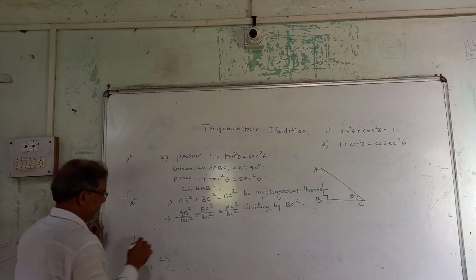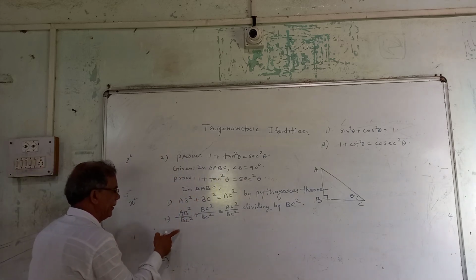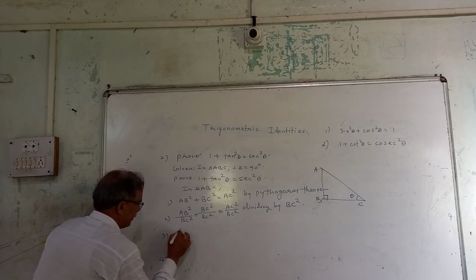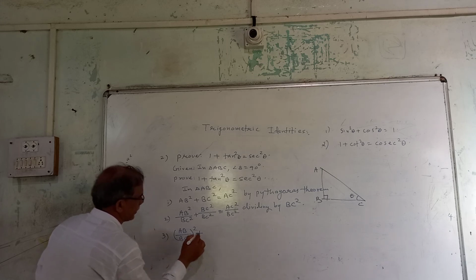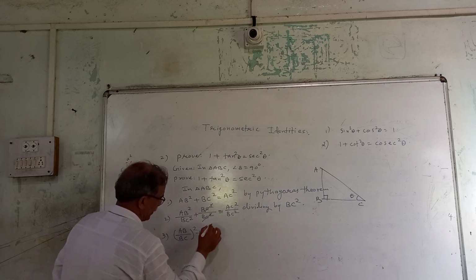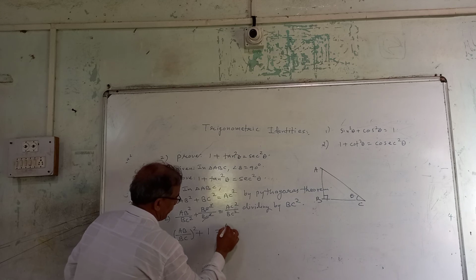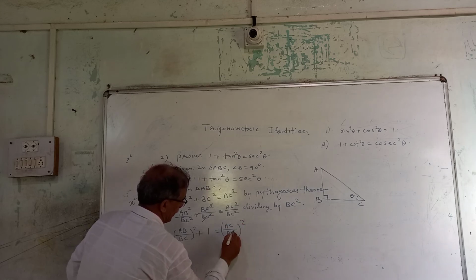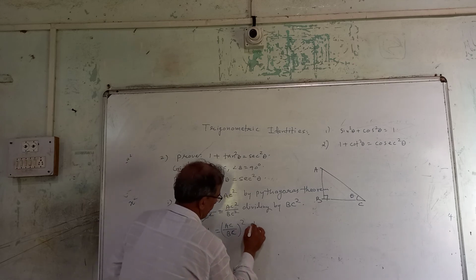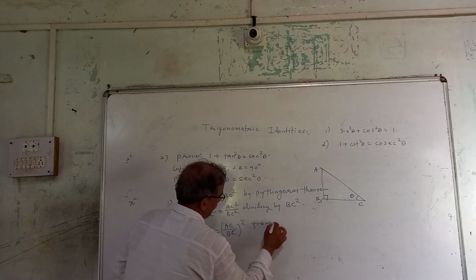Okay. So now third, convert it in the form A by B whole square. So AB upon BC whole square plus 1, BC square will get cancelled, is equal to AC upon BC whole square from 2.